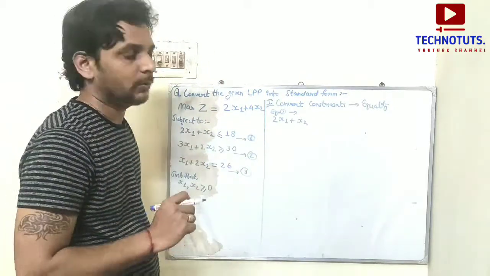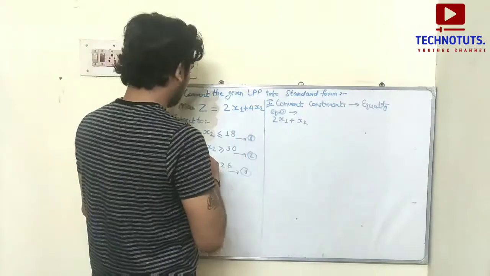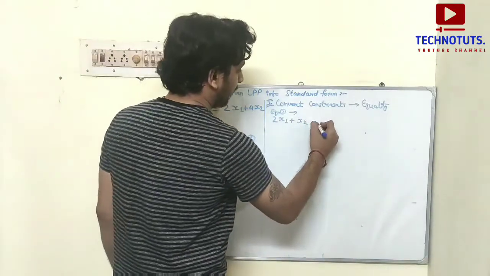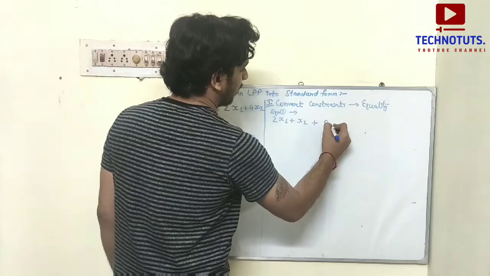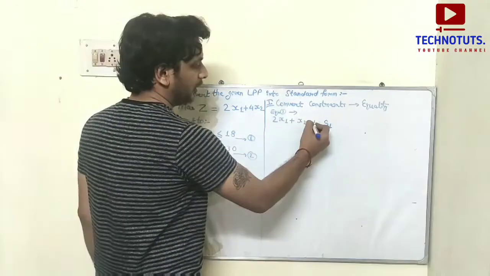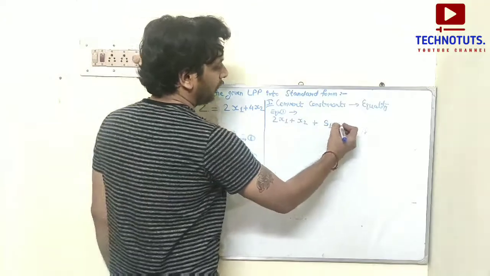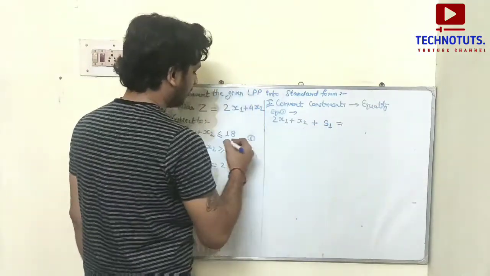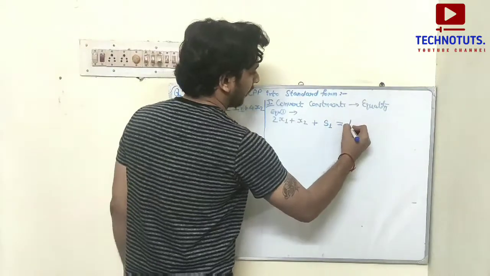So let us add the slack variable s. Here s is introduced for the first time, so we use suffix 1, s1, and its coefficient is unity, which is equal to 18.